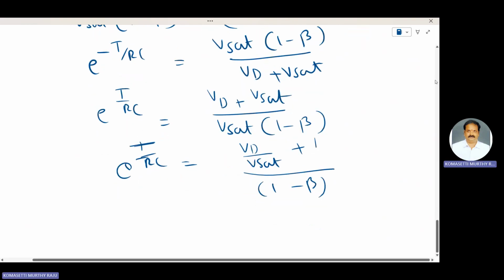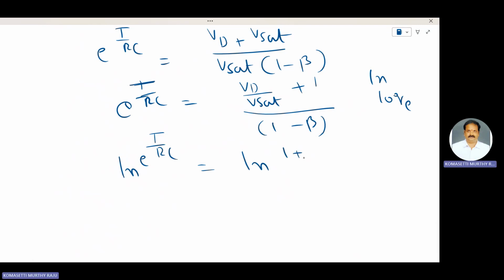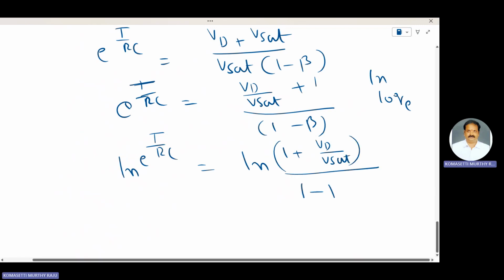Apply natural logarithm, where ln means log base e. So e power t by RC is equal to ln of 1 plus Vd by Vsat over 1 minus beta. These two cancel.